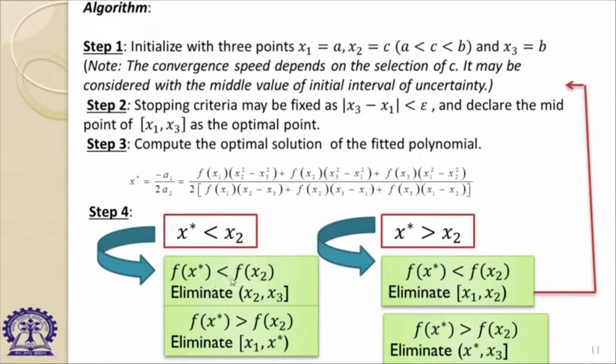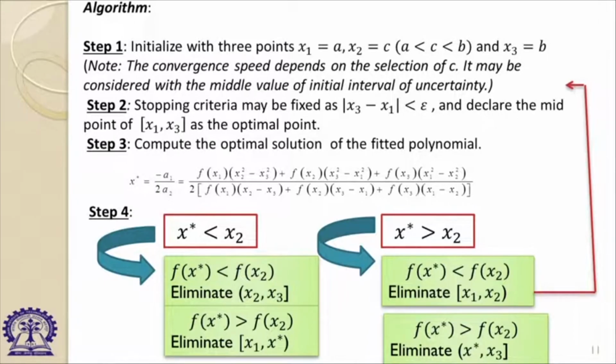If f(x star) is lesser than f(x2), since we are finding the minimum of the function, there we can say that there is no minimum in between x2 and x3, because the functional trend shows that f(x star) is lesser, then the x2 value is more, and then f(x3) must be more.